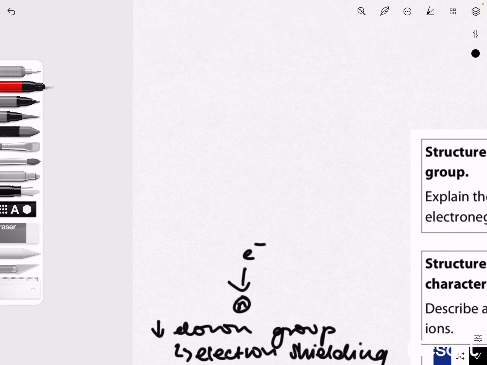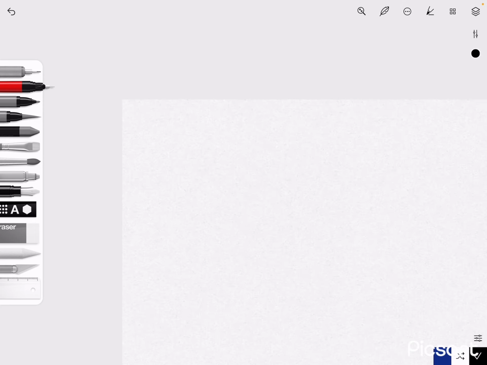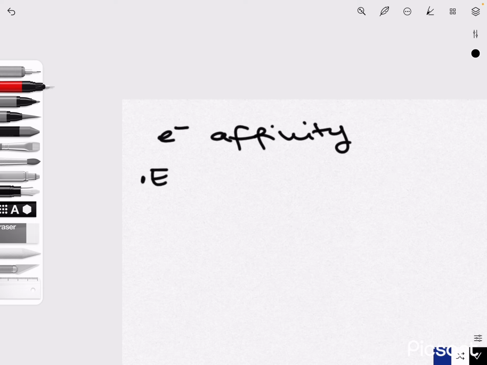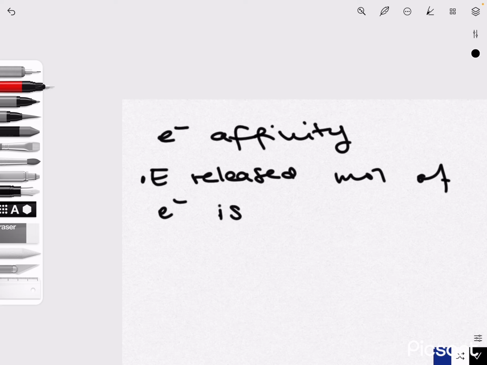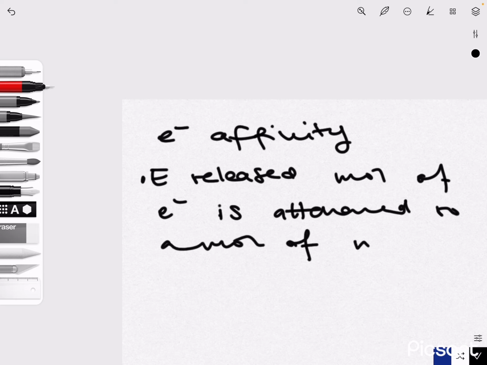Another thing we need to know is electron affinity. This is the energy released when a mole of electrons is attached to a mole of neutral atoms or molecules, also in your gaseous state.